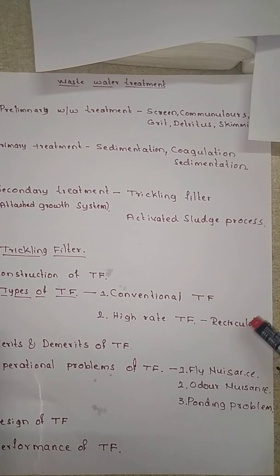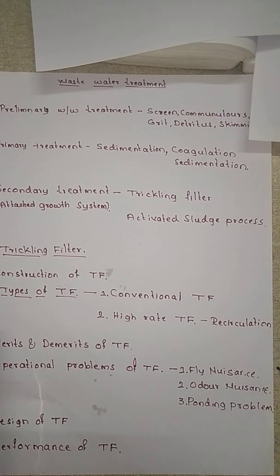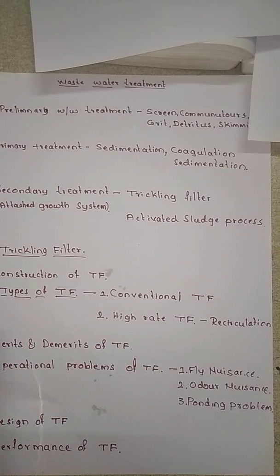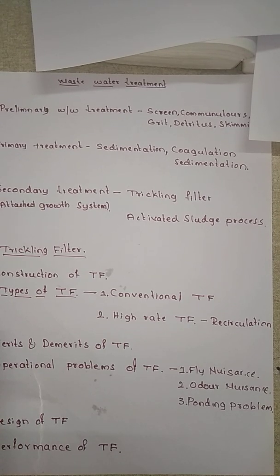In the high rate trickling filter, we have recirculation of the wastewater by pumping it to the primary settling tank, and repassing it through the filter. The high rate trickling filter requires less space and less filter media, and the process of recirculation is done continuously and thoroughly.